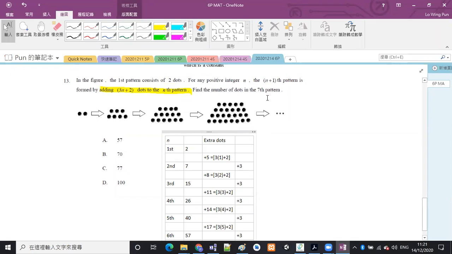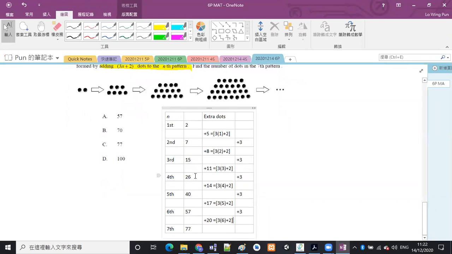Okay, the n plus 1, that is the next pattern. Next pattern is formed by adding 3n plus 2 dots to the previous pattern. So if it is the first pattern, then the second pattern is formed by adding 3 times 1 plus 2, because 3 times the first plus 2. And then the third pattern is formed by adding 3 times second plus 2. Okay, that is adding 8 dots to the second pattern.